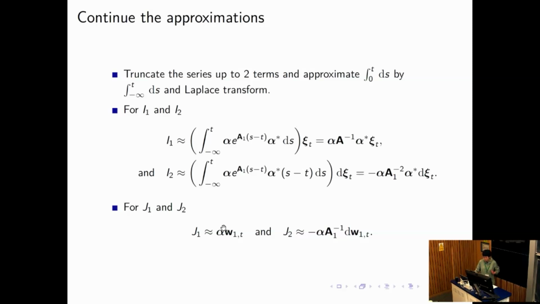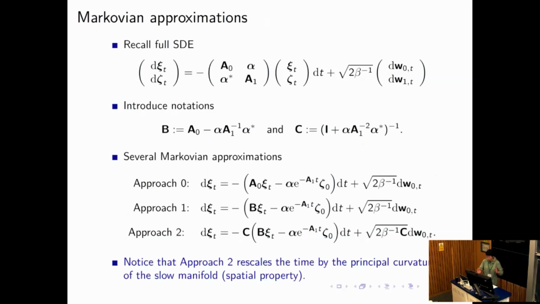Okay, and it depends on how many terms you keep. So let's rewrite the original full system in terms of resolved and under-resolved variables, and introduce some notation that takes each component of diffusion into account.